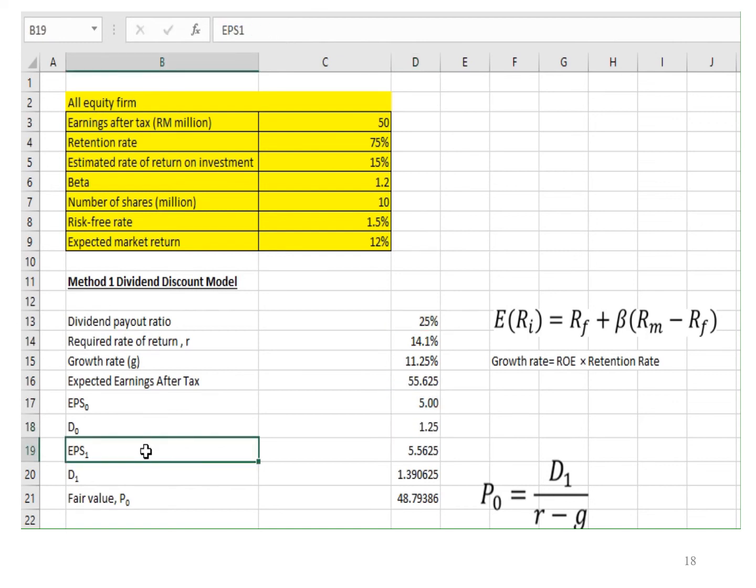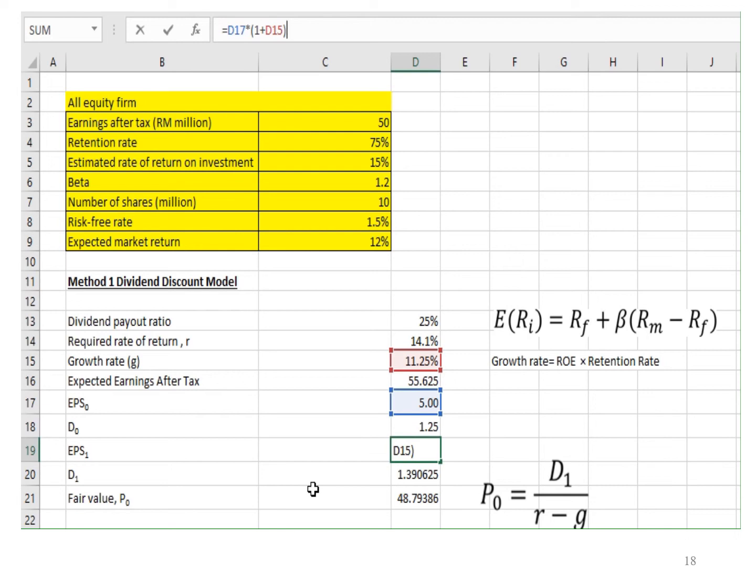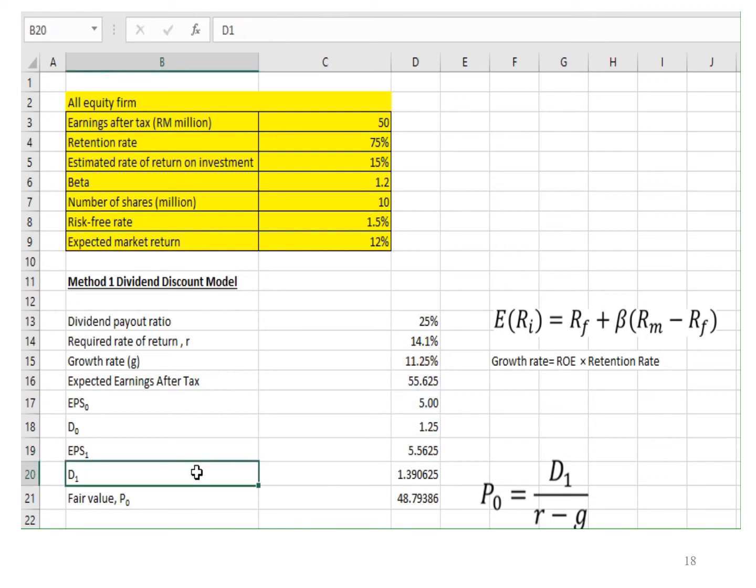The expected earning per share for next year is equal to last year earning per share times 1 plus growth rate of 11.25%. The expected dividend per share next year, D1, can be calculated by D0 of 1.25 multiplied by 1 plus growth rate of 11.25%.